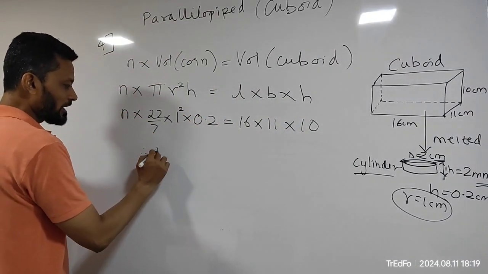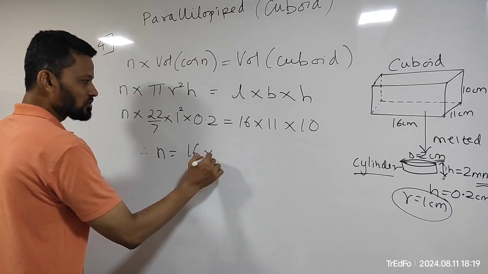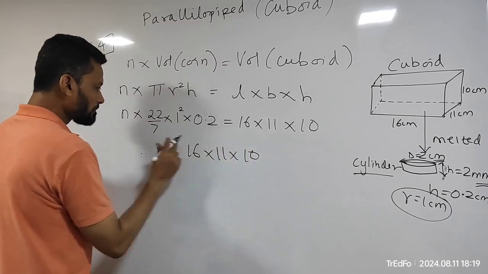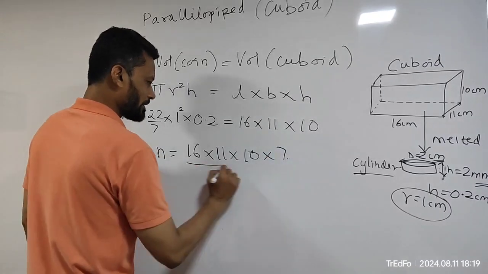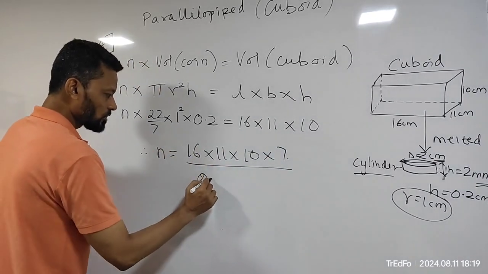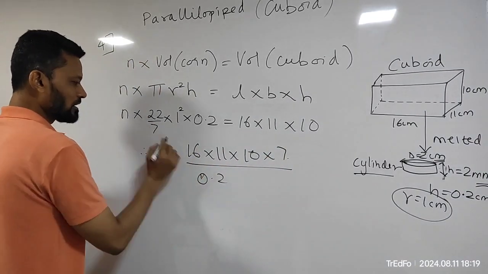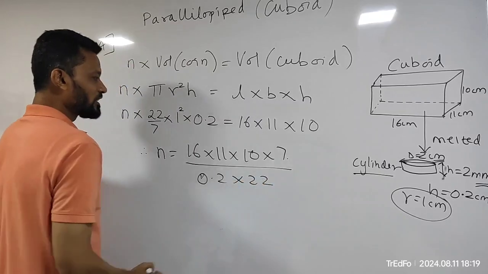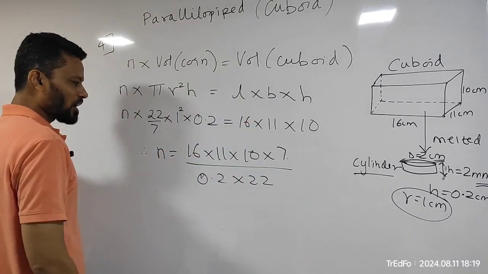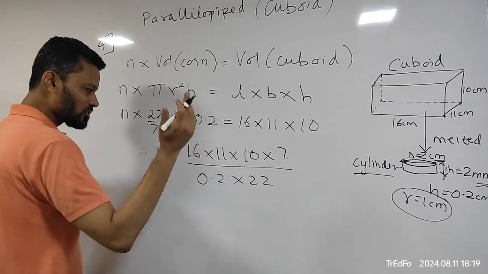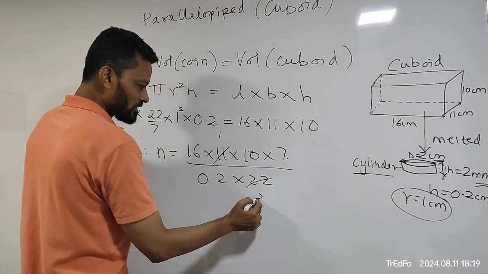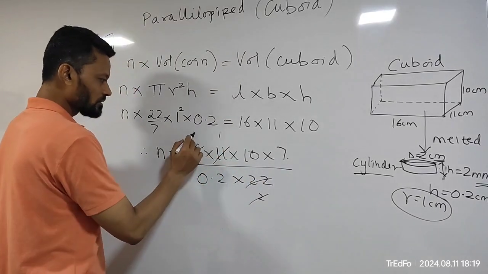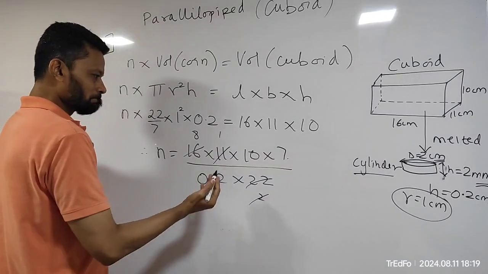Therefore N equals 16 into 11 into 10. The divide goes to the left and becomes multiplied, 0.2 comes down in the denominator, and along with it comes 22. 1 square is 1. You all are smart and clever, you know that. Let's do the division. 11 ones are 11, 11 twos are 22, 2 ones are 2, 2 eights are 16.